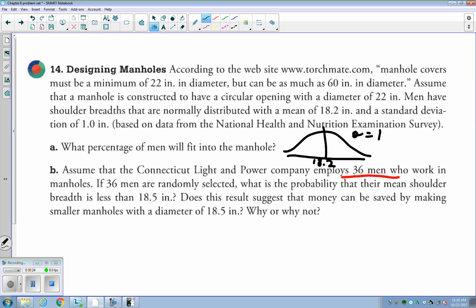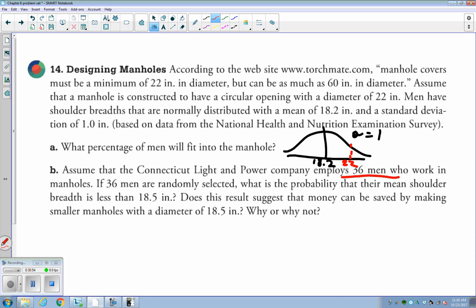So when I get my 22 inches, I'm going to be up here a little ways, aren't I? What side am I shading? Am I shading to the right or to the left? I want to find the percentage of men who will fit in that manhole. The manhole is 22 inches. I have to go to the left. Why? 22 or less.